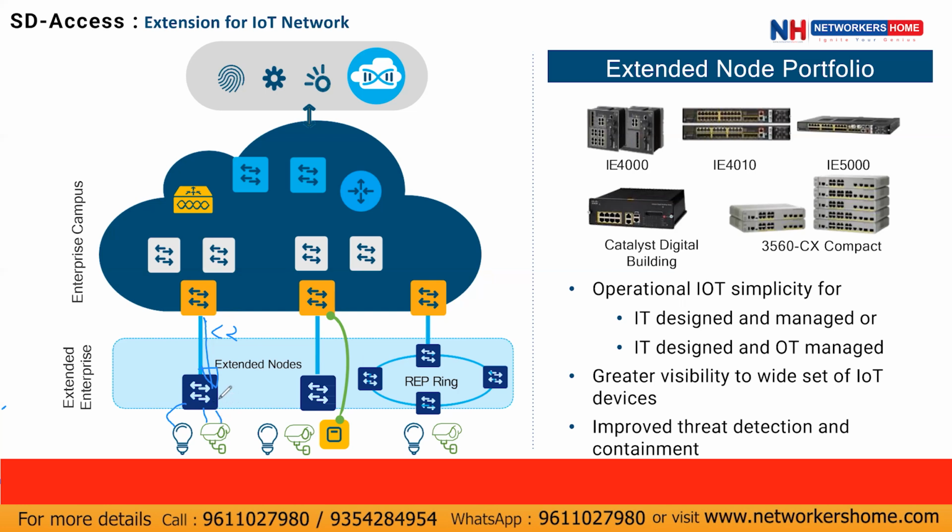It connects to the extended node, the traffic goes via L2 to the edge node, and from there it's all L3. So you are adding a legacy access switch to this core switch, but this is your edge node in terms of SDA fabric.